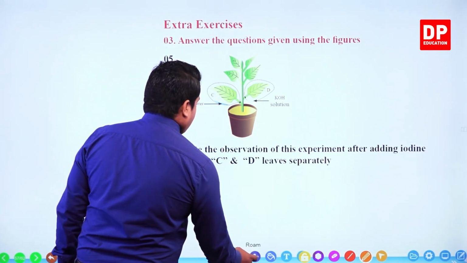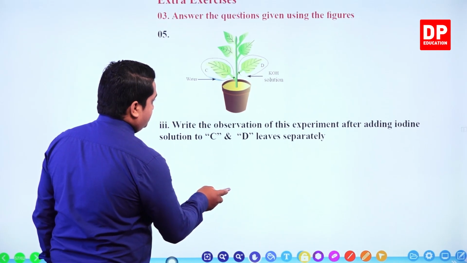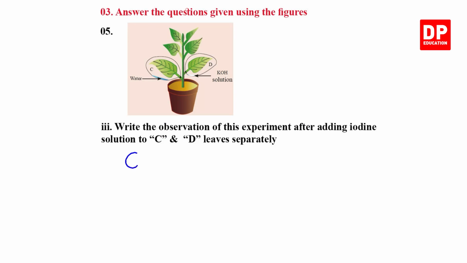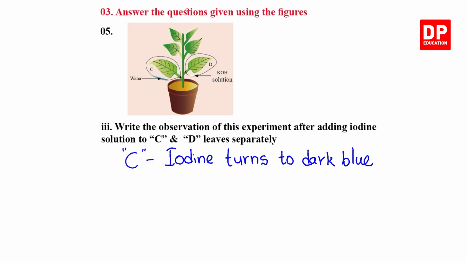So we can write: C, iodine turns to dark blue. Right? Iodine turns to dark blue color when iodine is added to C leaf.